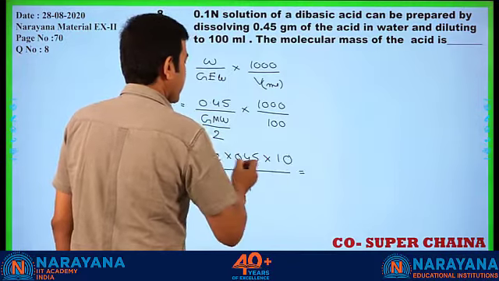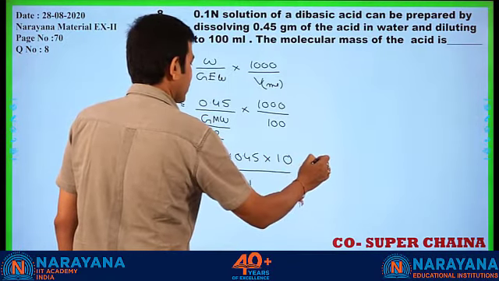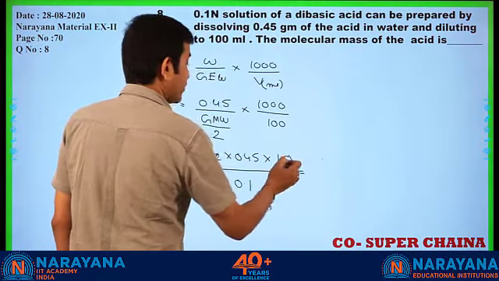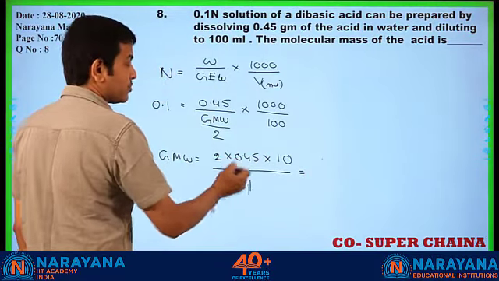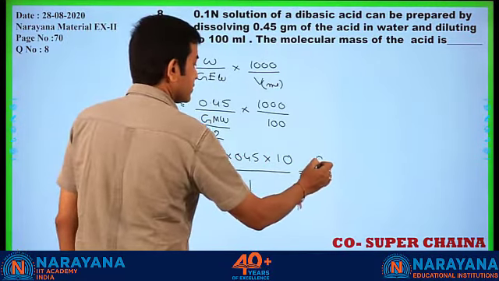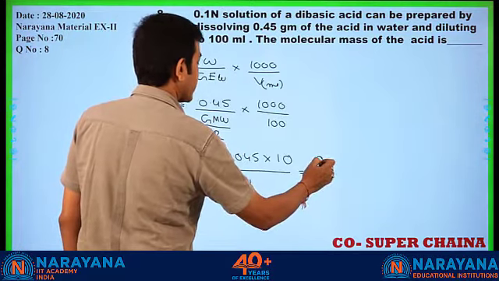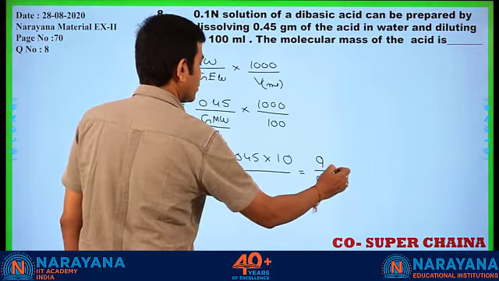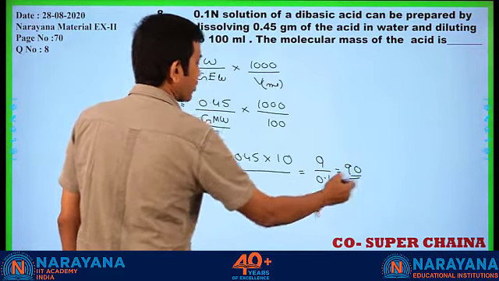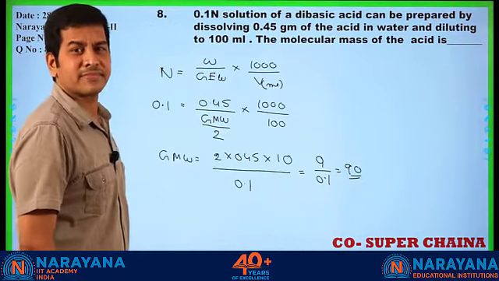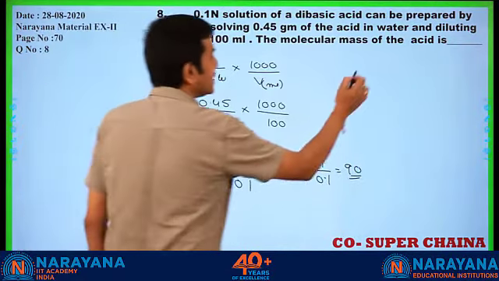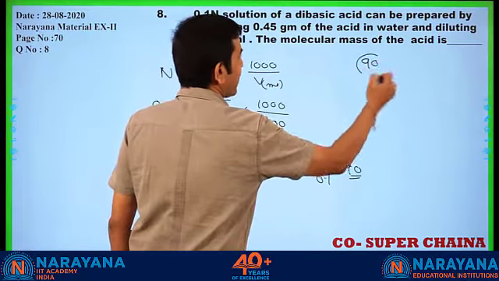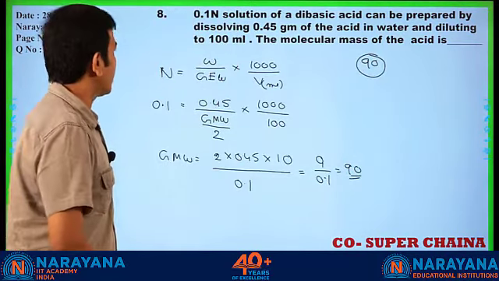Here, 4.5 into 2 is 9, and 9 by 0.1 is equal to 90. 90 is the molecular weight. It is an integer type question. The answer is 90. Next question.